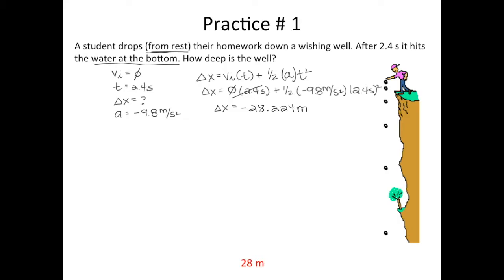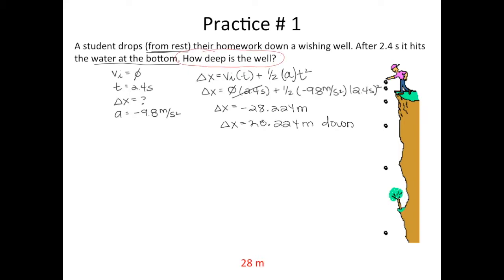Now, let's think about why we got a negative here. What does that mean? That means that the homework actually displaced 28.224 meters down. Okay? If you look, though, the problem asked, how deep is the well?